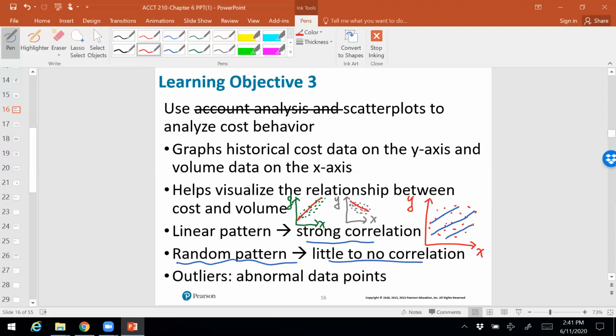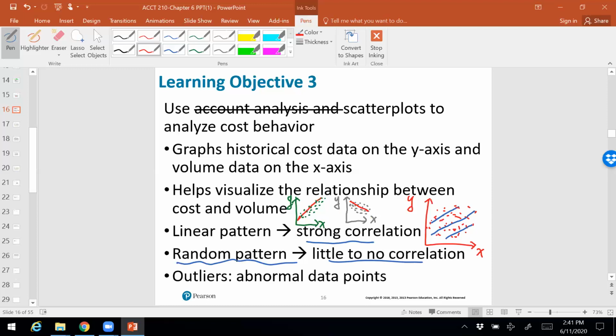If it goes to 100 degrees, then only 10 units of heaters will be sold. But if it's just 50 degrees, you will sell 100 heaters. So those are negatively correlated. You can say it's still a strong linear correlation. This one is just random. There is no pattern you can observe.